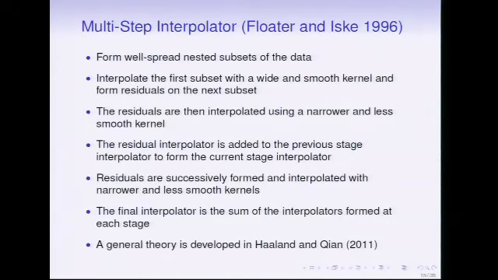So some applied math people, Floater and Iske, back 15 years ago, I guess, proposed this multi-step technique, which I'm going to modify a little bit, but basically use what they proposed.